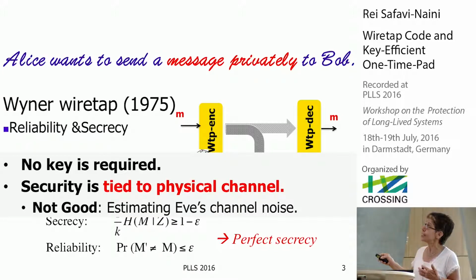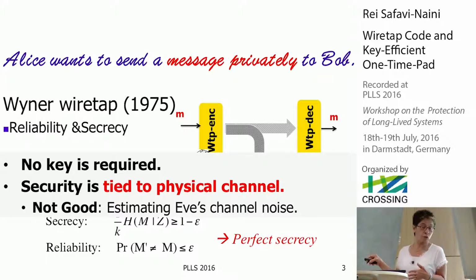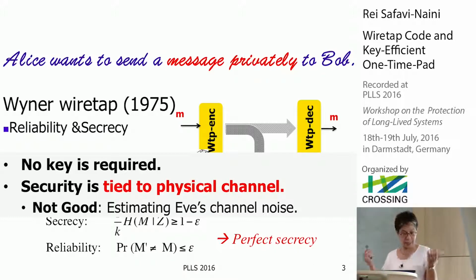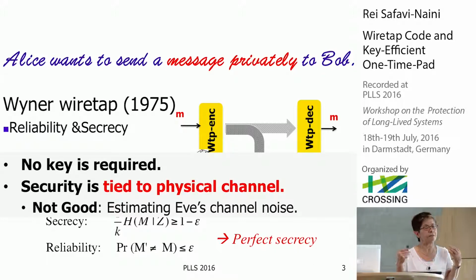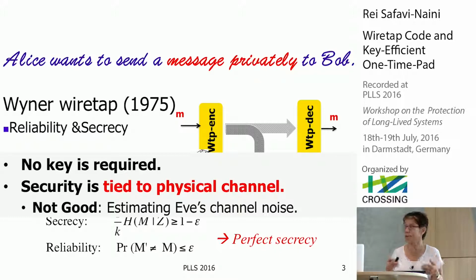So estimating this channel using communication techniques is quite a feasible thing to do. But estimating Eve's channel noise is quite a different proposition, because now we have to know where Eve is and what kind of antenna she's using and what kind of transceiver she has, and all that sort of thing, which makes it quite a challenging thing to think about.